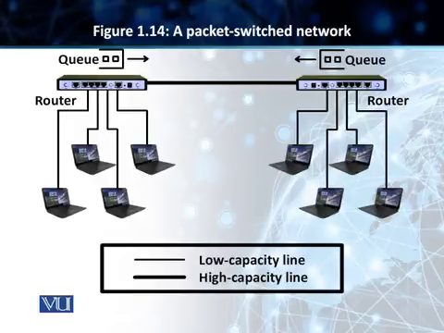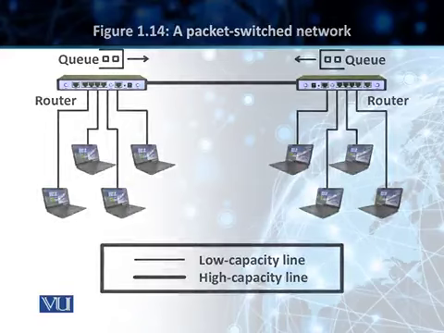Now, very important point, if computer number 3 and 4 start transmitting at the same time, then as I told you, we need to establish a queue at the router, and those packets from computer number 3 and 4 will be held until the line gets free, and then those packets will be transmitted to the far end.